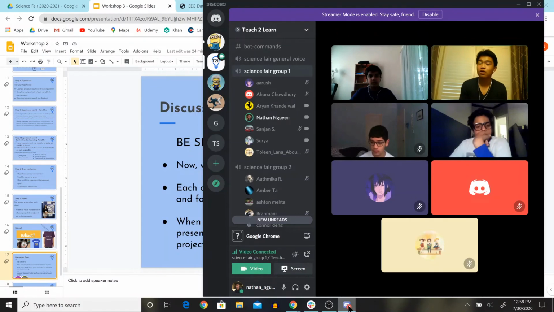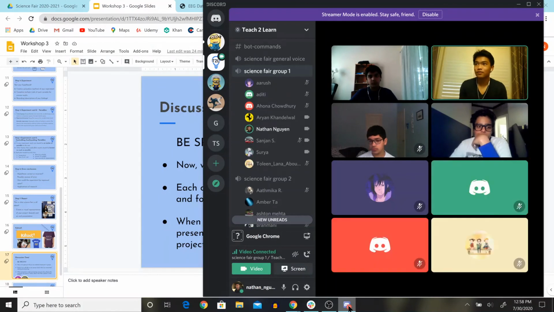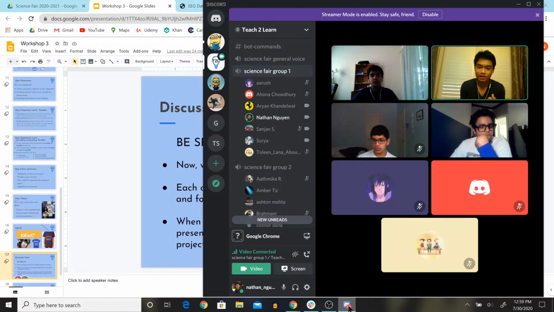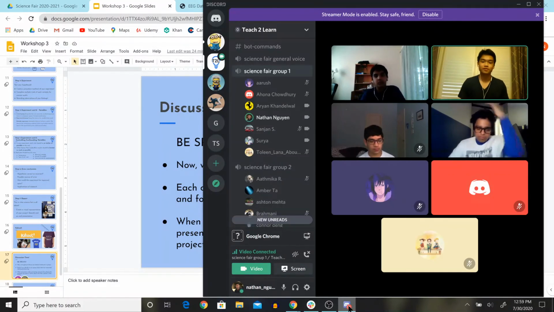Like, my family has a bonsai tree, so I want to know why the leaves are turning brown. And then I research factors, and later I can go back and research the different factors affecting plants, and maybe come up with an experiment along those lines. So it's an I-wonder journal, that's what it's called.